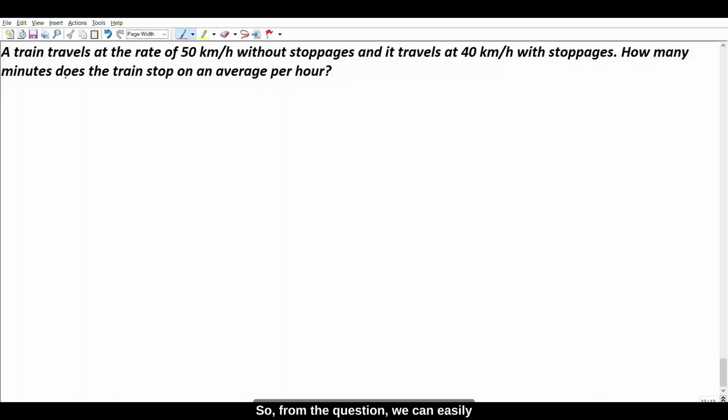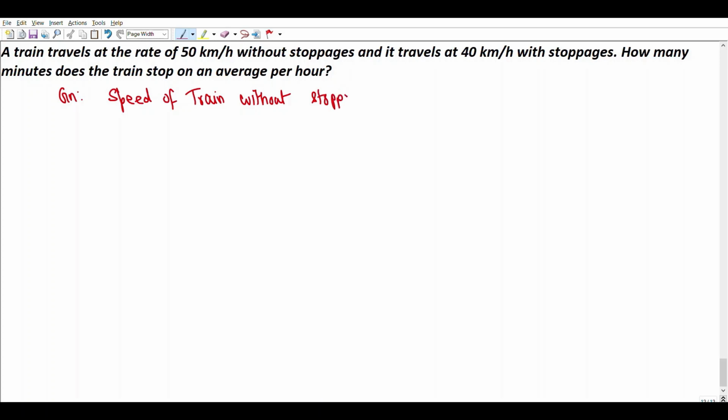So from the question we can easily identify that speed of train without stoppages S1 is equal to 50 km per hour.